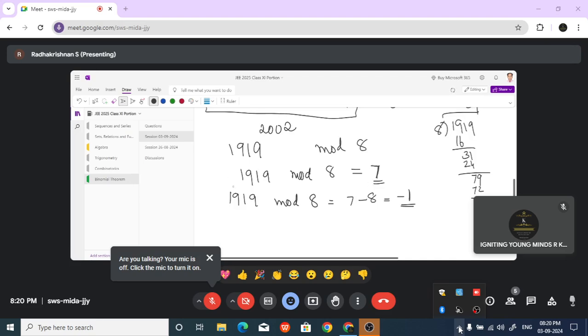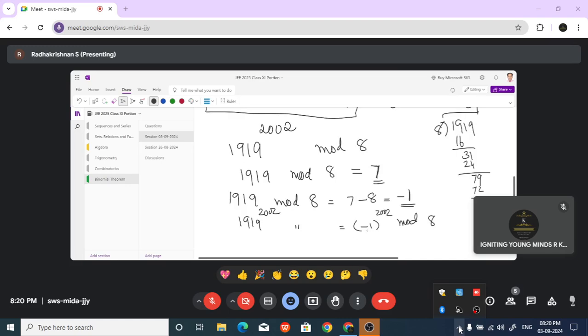Why not 7? Because 1919 to the power of 2002 equal to 7 power 2002 is a little difficult for us to find. Whereas the same thing we can write as minus 1, and minus 1 to the power of 2002 is very easy. So 1919 to the power of 2002 mod 8 is equal to minus 1 to the power of 2002 mod 8.